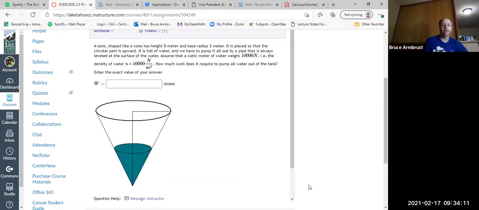A tank shaped like a cone has 5 meter height and 1 meter base radius. It's placed so that the circular part is upward. All right, so it's an inverted cone. It's full of water. We have to pump it all out, by a pipe that is always leveled at the surface of the water.